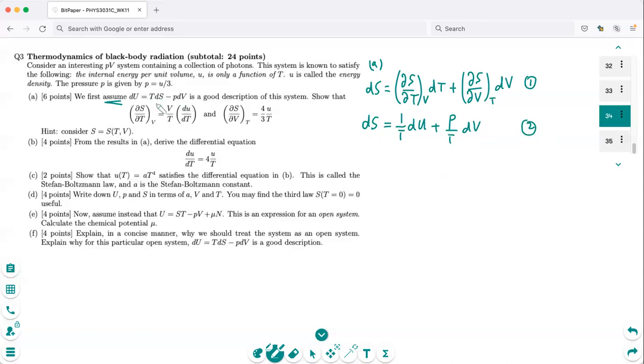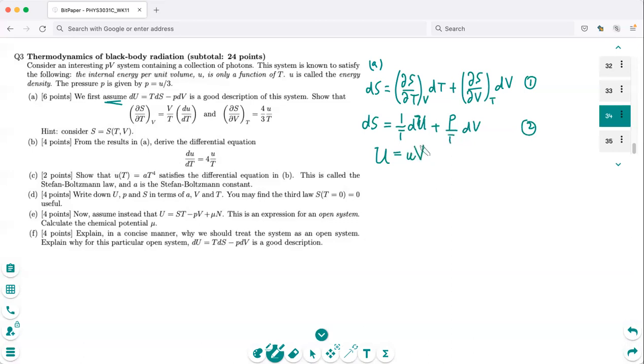You are asked to assume this is valid, and I assume this is valid, and then just rearrange to get this. Okay, we need a little bit more about this expression. So we know little u is the energy density. So this is really the big U. Big U is related to the little u by volume.